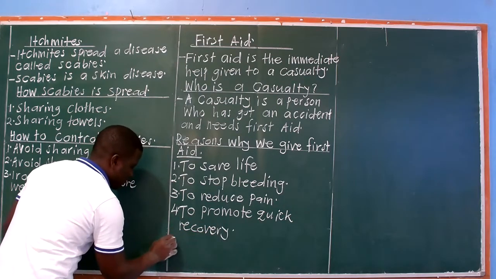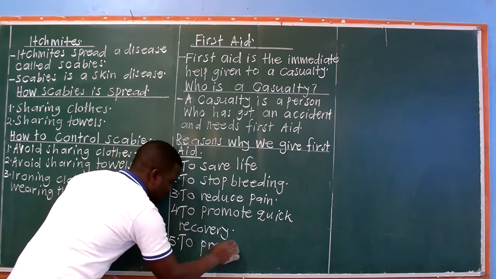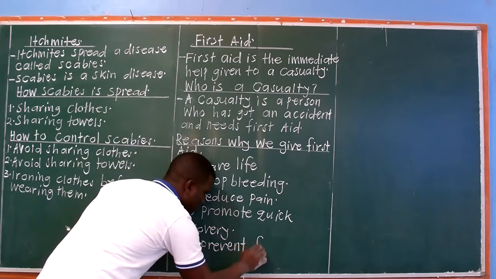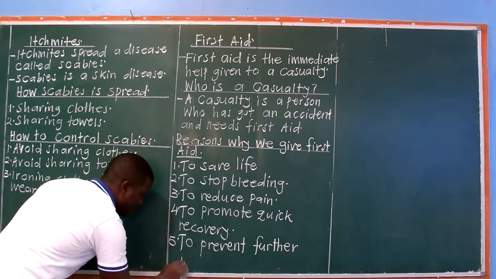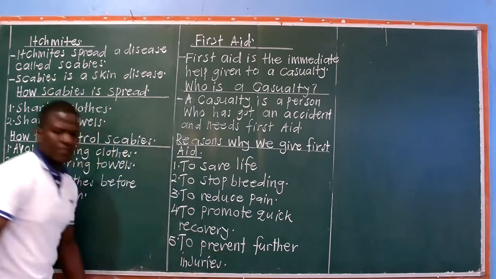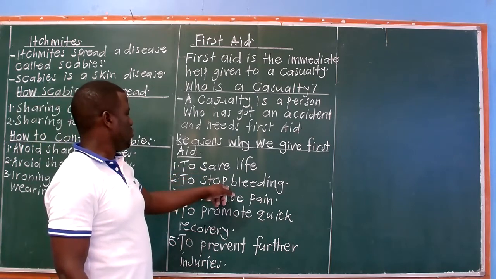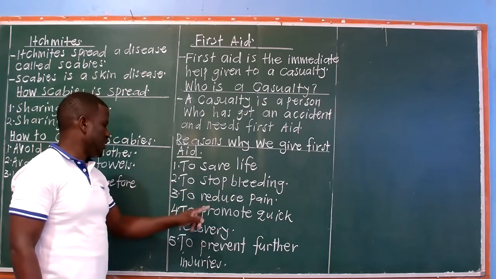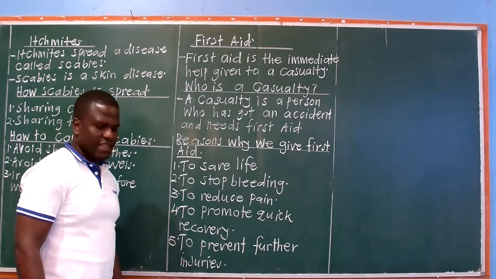Then number five, to prevent further injuries. So these are the five reasons why we give first aid: to save life, to stop bleeding, to reduce pain, to promote quick recovery, then to prevent further injuries.